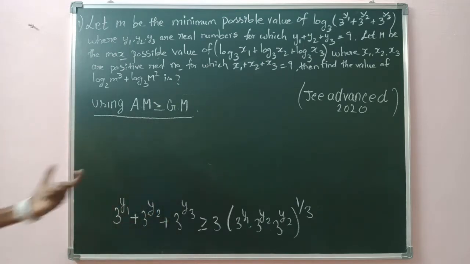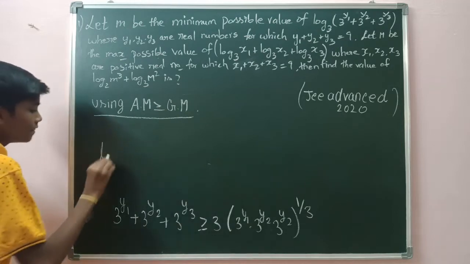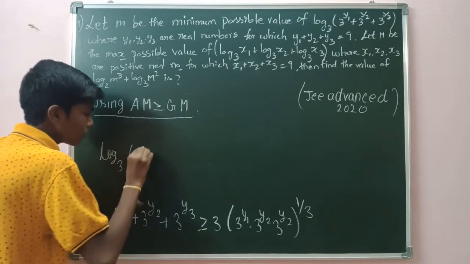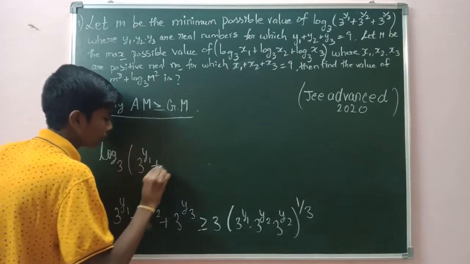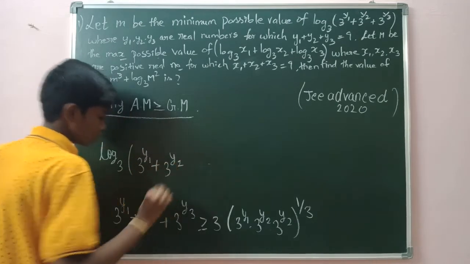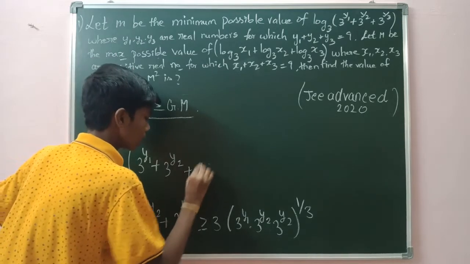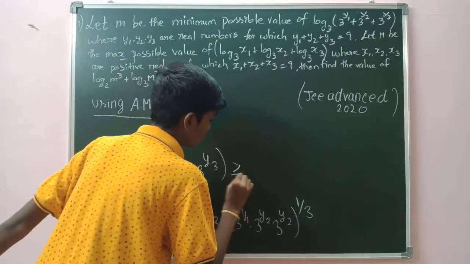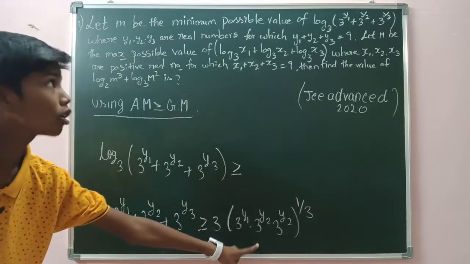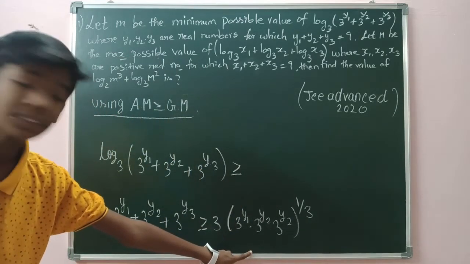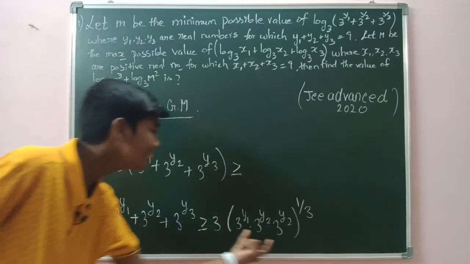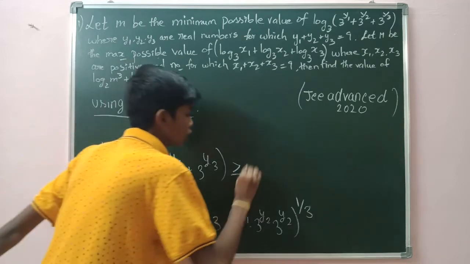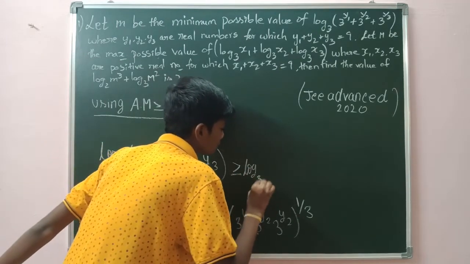I will get log to the base 3 of (3 power y1 plus 3 power y2 plus 3 power y3) greater than or equal to, on this side, log to the base 3 of, listen very carefully, I am having 3 into this expression, so that I can write this as log to the base 3 of 3.